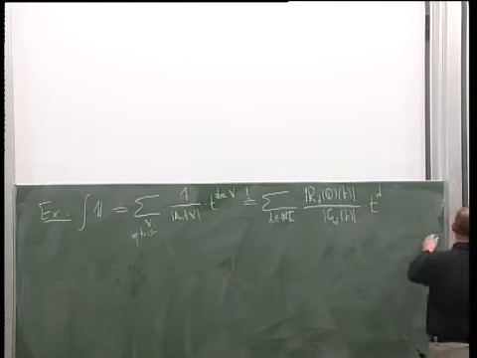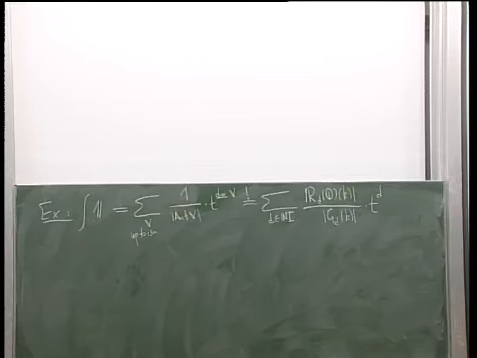Oh, okay, I can do it in general. If G is a finite group acting on a finite set X, then what is the cardinality of X divided by the cardinality of G? That's the same as summing over all the orbits of the group in this finite set, the cardinality of the orbit divided by the cardinality of the group.